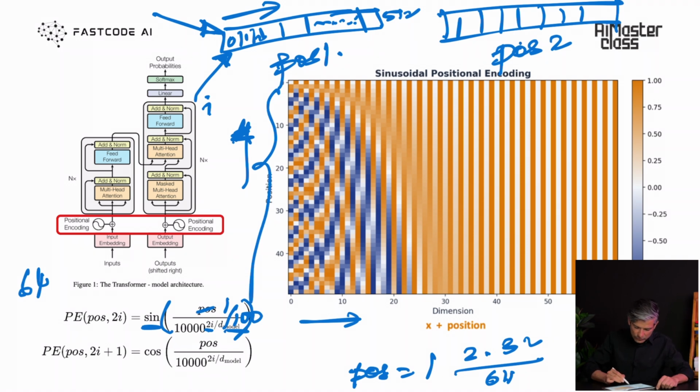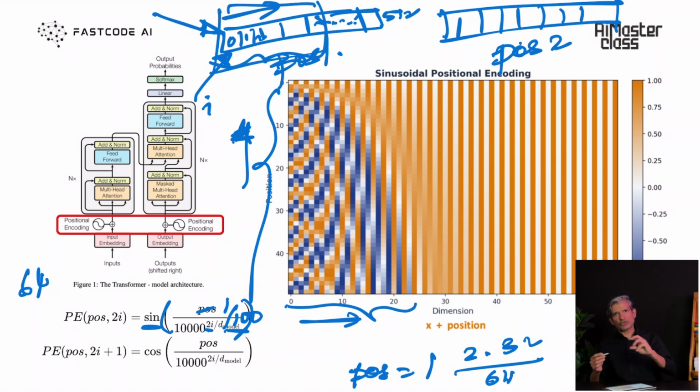And also in the first token, we see that initially, let's say 1 to 20, it's fast moving, right? The first 20 elements of the vector are fast moving because the angle is big, and then in the later part, the angle is small. And this is this addition.